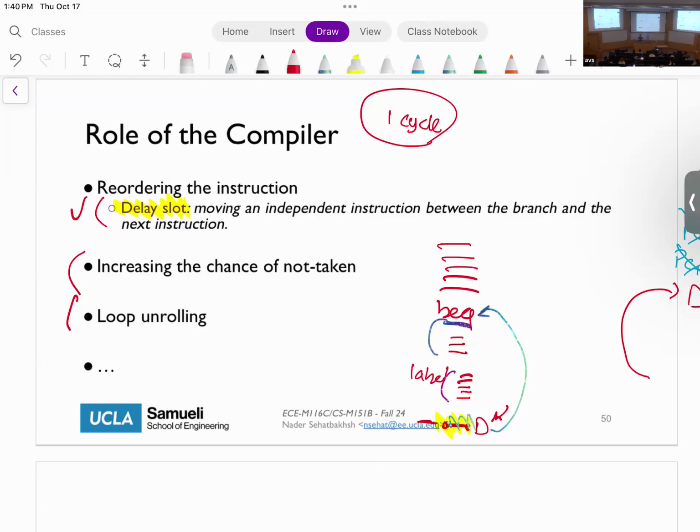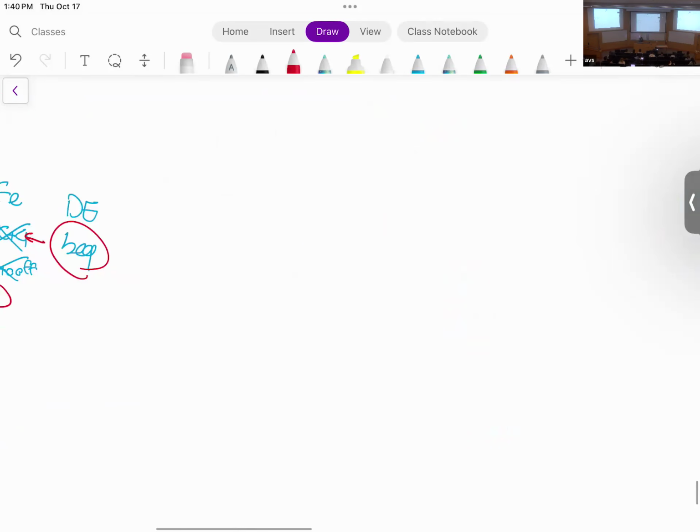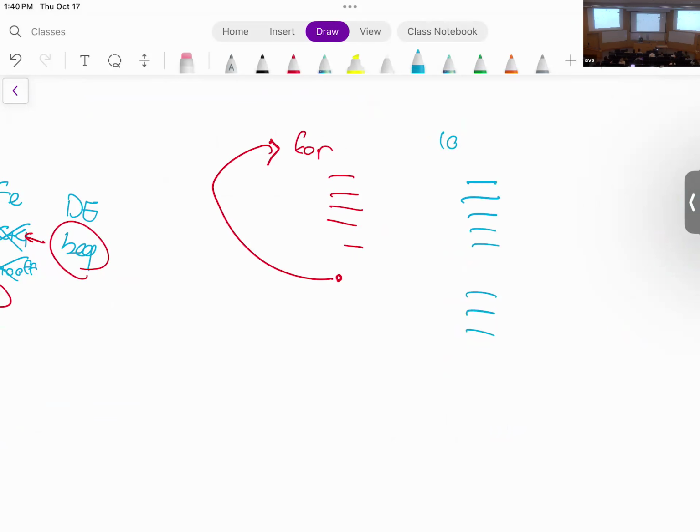Loop unrolling is this: for example, if I have a for loop with a bunch of instructions and a jump back instruction here, and this is supposed to be 10 iterations, I copy this code 10 times. Then I effectively remove the need for branches because I just have straight line code. Instead of jumping back, I just continue. I just unroll the loops.